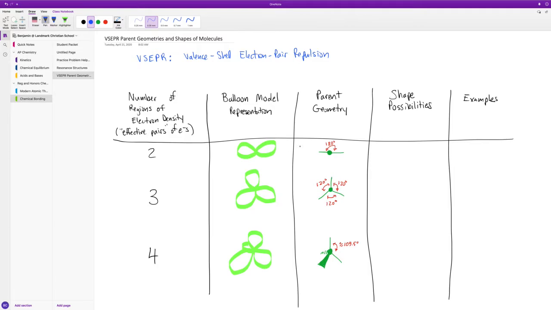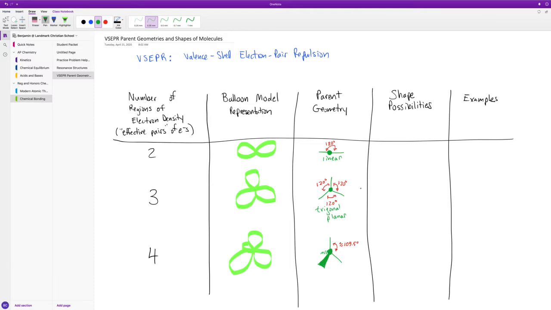And these have particular shape names. And it's going to give rise to what we call parent geometries. And so there's three parent geometries: linear, when we have two electron regions around the central atom. There is trigonal planar. That's a triangle in a plane.